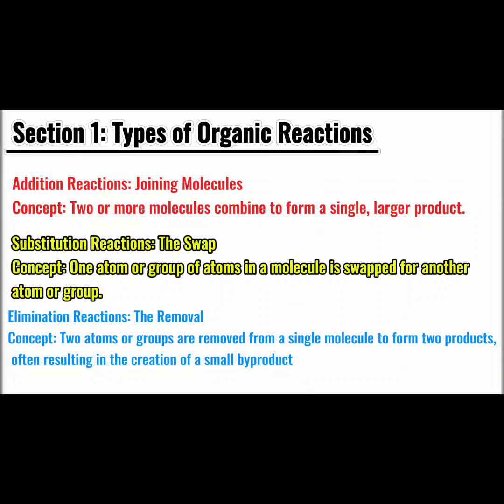The concept is simple. Two or more molecules combine to form a single, larger product. This usually happens when we react a molecule with a double or triple bond, like an alkene or alkyne, with another reagent. We break that weak multiple bond and add new atoms across it, making the molecule more saturated.